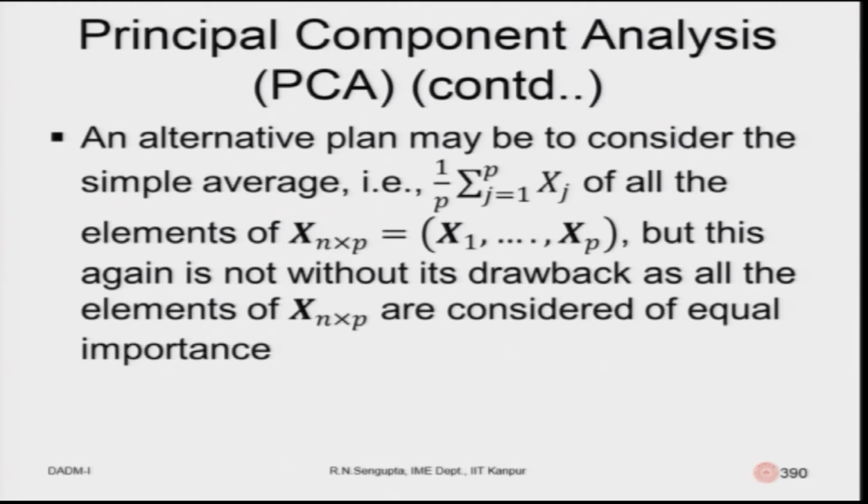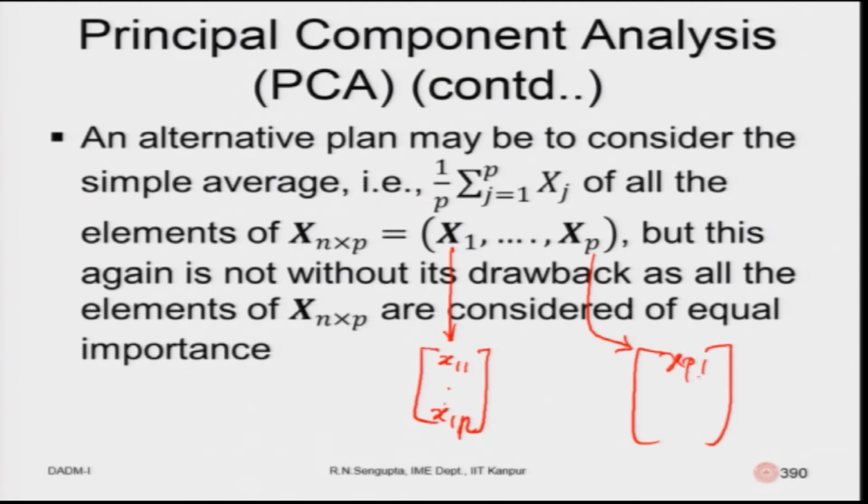So, x1 to xp are the vectors which I have just mentioned. I know you have understood it, but still I will draw. So, this x1 basically means, this is n plus 1.